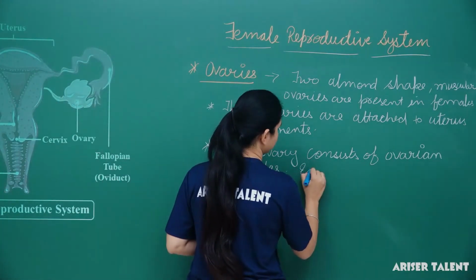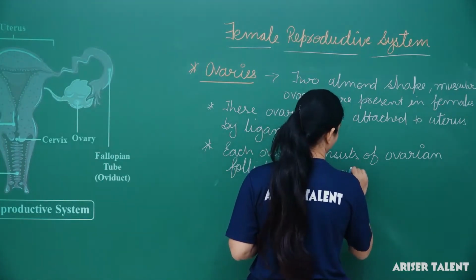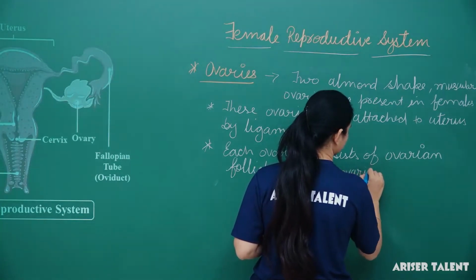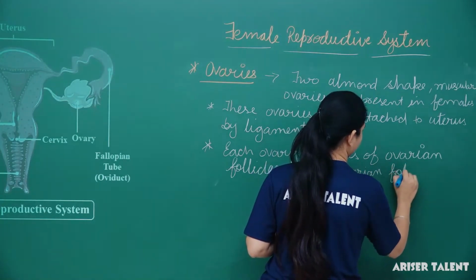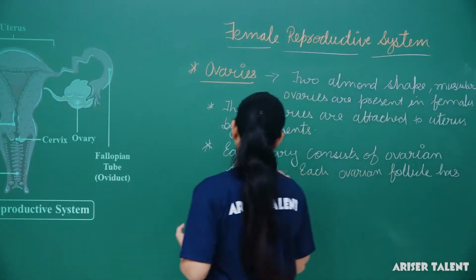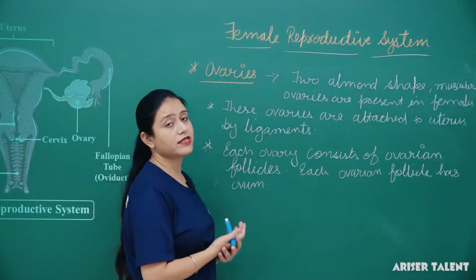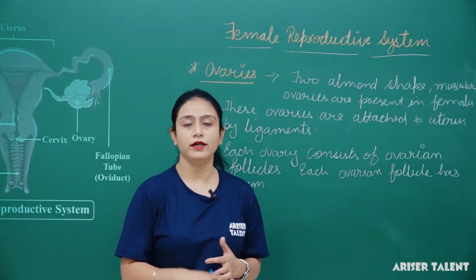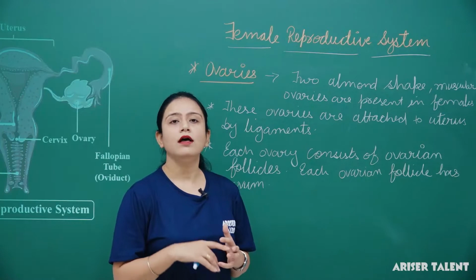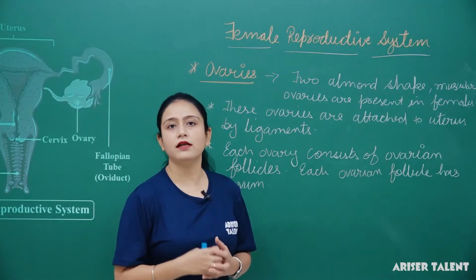Each ovarian follicle produces an ovum. Thus the function of the ovary is that it produces ova as well as it secretes the female sex hormones, estrogen and progesterone.